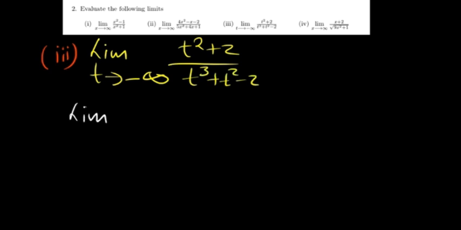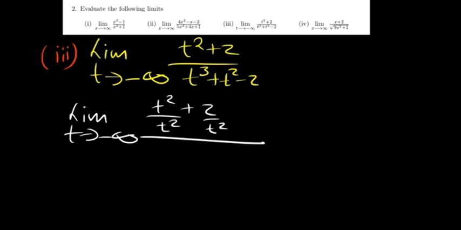The limit as t approaches negative infinity, we'll divide by the highest power. On top, it's t squared itself, so we divide by t squared. For the bottom, we divide by the highest power, which is t to the power 3.